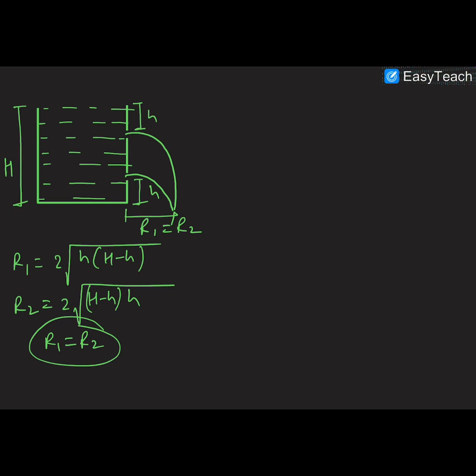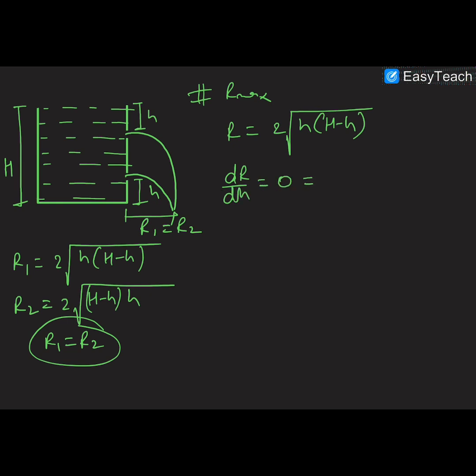Now if we talk about the maximum range, R max, we need to differentiate this range. So R is equal to 2 under root of h into (H minus h), and for maximum range dR by dh should be equal to 0.